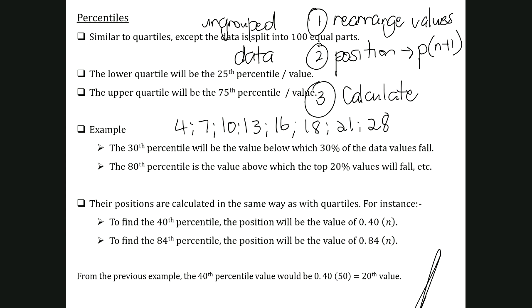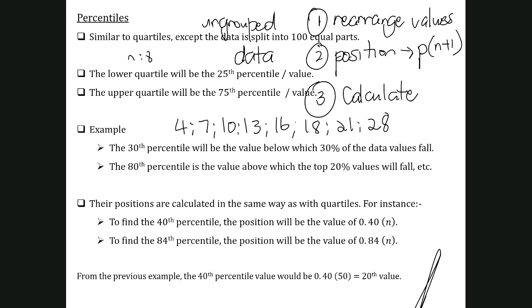Okay, so let's suppose we had these values. There are 8 values in total. N is equal to 8, which I'll write here on the top, since there are 8 values in total.